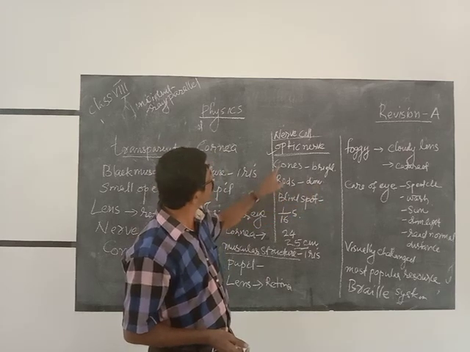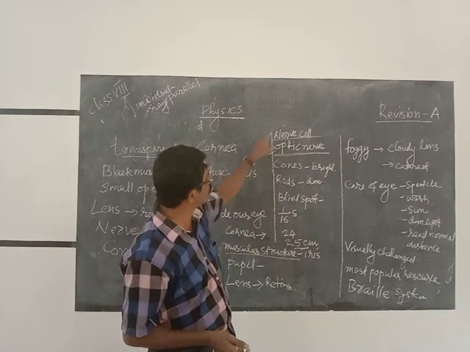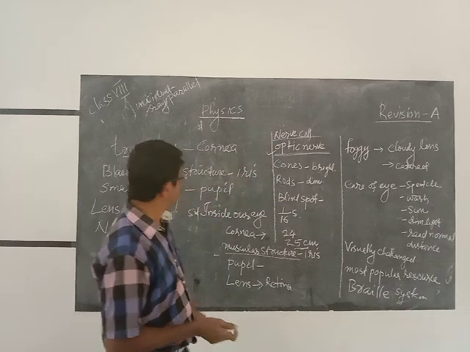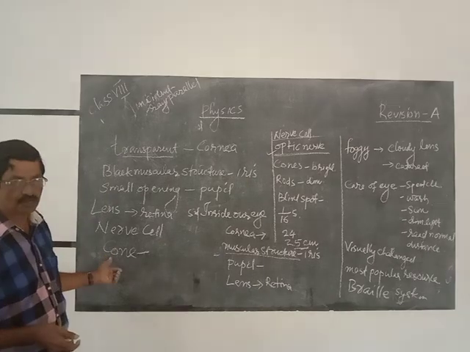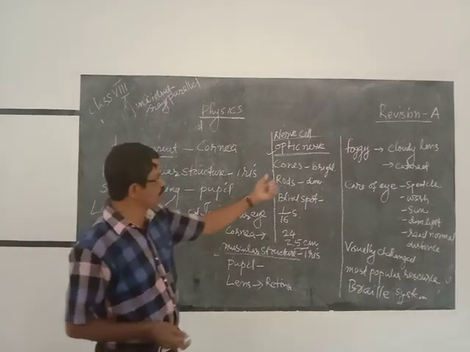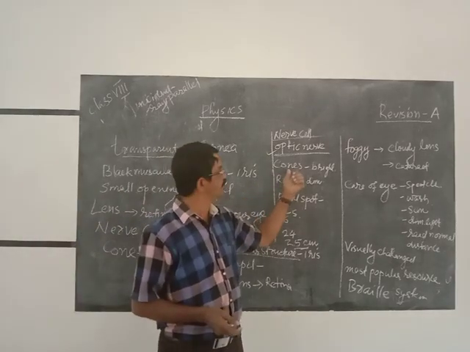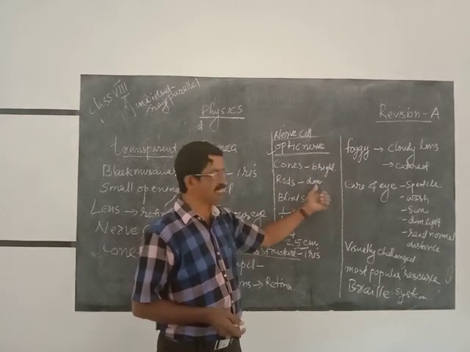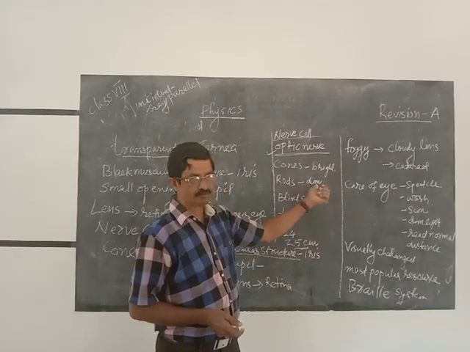So these are the two types of nerve cells present in the retina, the cones and the rods. What is their function? Cone cells activate in bright light and rod cells activate in dim light.